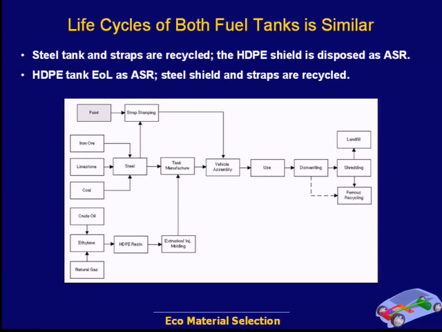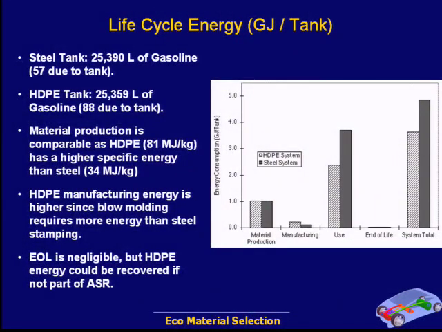If we look at the life cycle energy in gigajoules per tank, we see that the steel tank leads to a lifetime fuel consumption of, well, let's say about 25,390 liters of gasoline, of which 57 is attributed by mass to the tank. So we look at how much fuel is consumed over the life cycle of the van. We divide it in terms of a mass ratio, the ratio of the tank to the ratio of the vehicle.